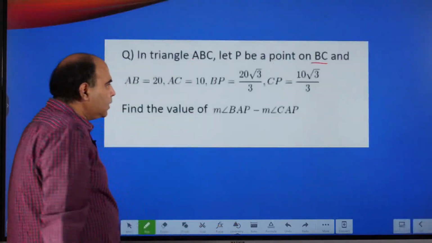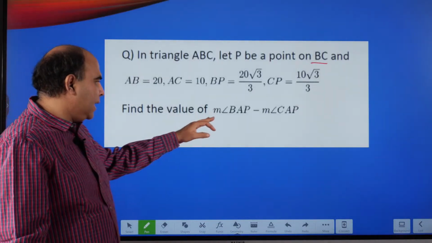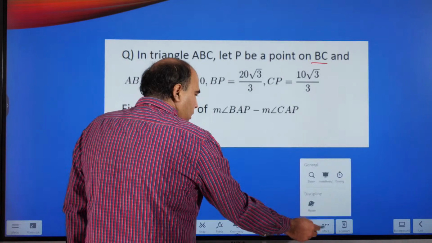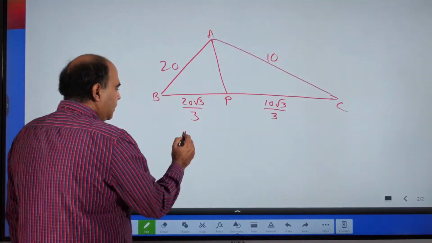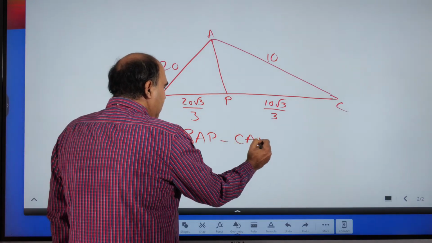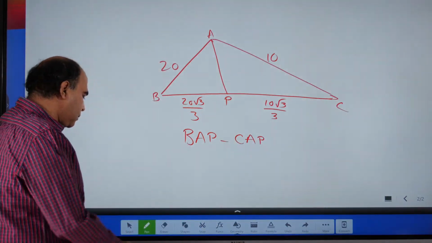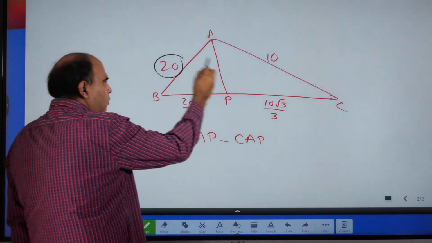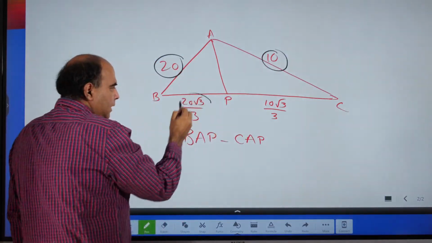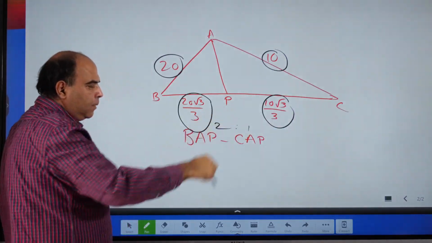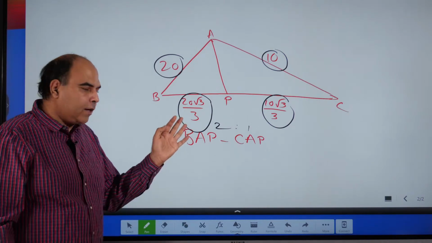What is the question asking? Find the value of angle BAP minus angle CAP. If you can spot the angle bisector theorem here, the ratio of this side to this side is 2:1, and the ratio in which the base is cut is also 2:1. 20 root 3 by 3 and 10 root 3 by 3 is a 2:1 ratio.